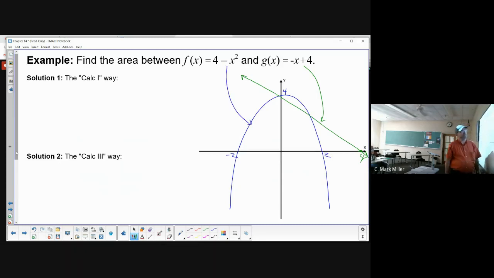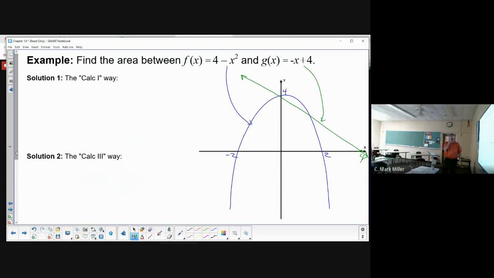So the area which, oh, it's too tiny. This area here, I made it too tiny. It's going to make it a little harder, but we're up for it, right? We're up for it.